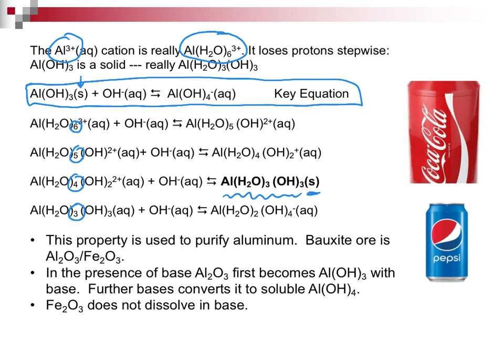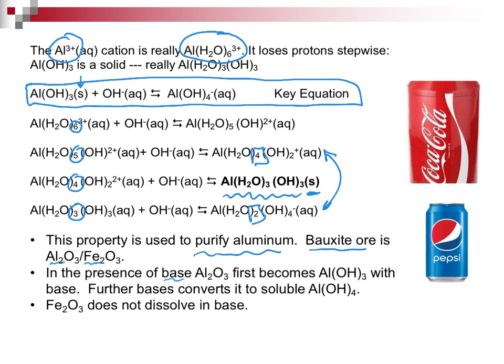But notice if we go up to the 4 waters, or if we go down to the 2 waters, we have solubility. And this is the property used to purify aluminum, which is why I put the aluminum cans there. Bauxite ore is a mixture of aluminum and iron oxide.